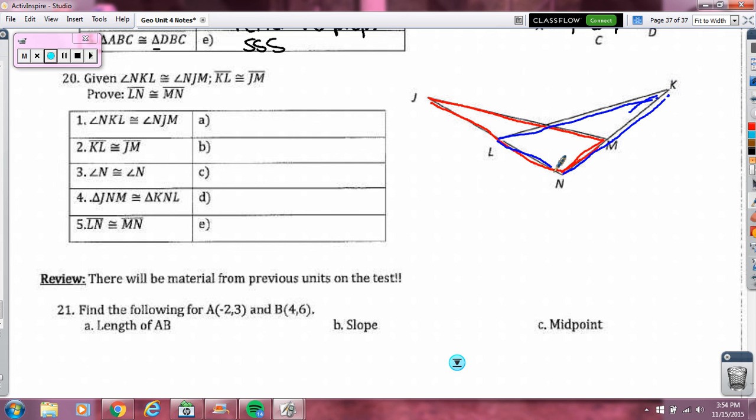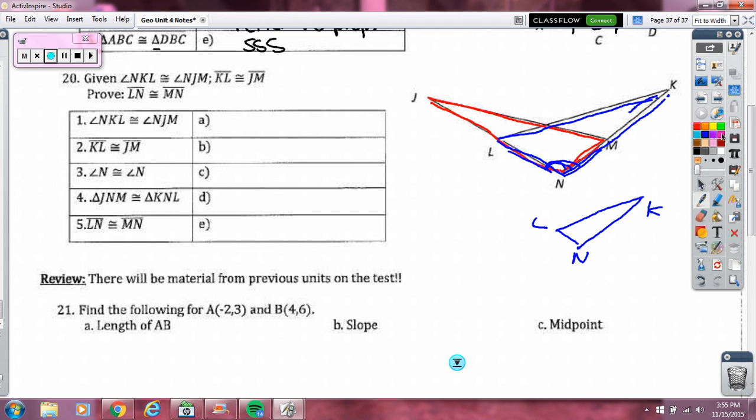Somewhere where I'm going over myself, like here, I'm using angle N in both triangles. Again, if you wanted to, you could totally draw these 2 out separately, and that would be totally cool.